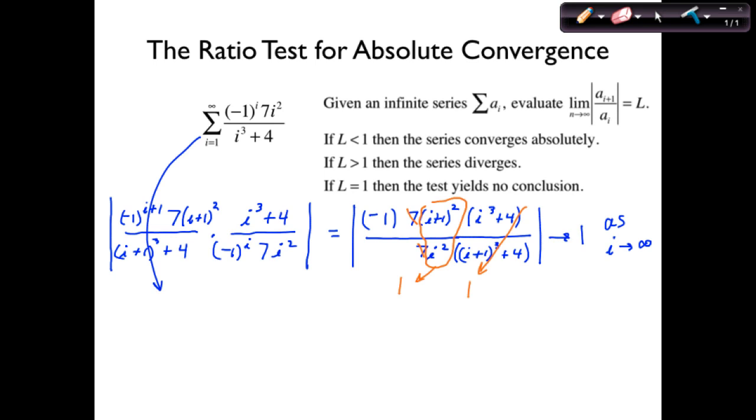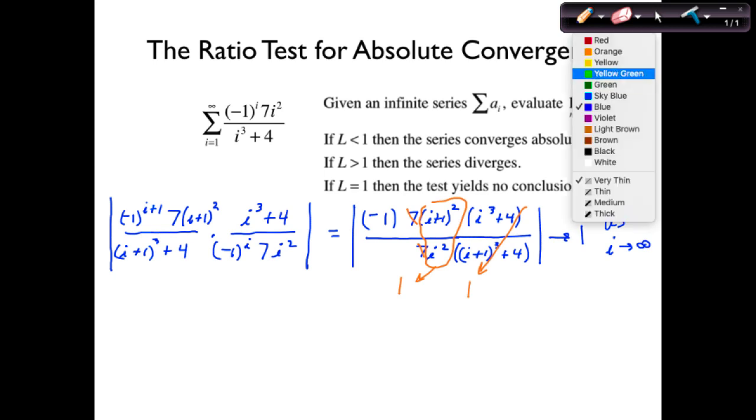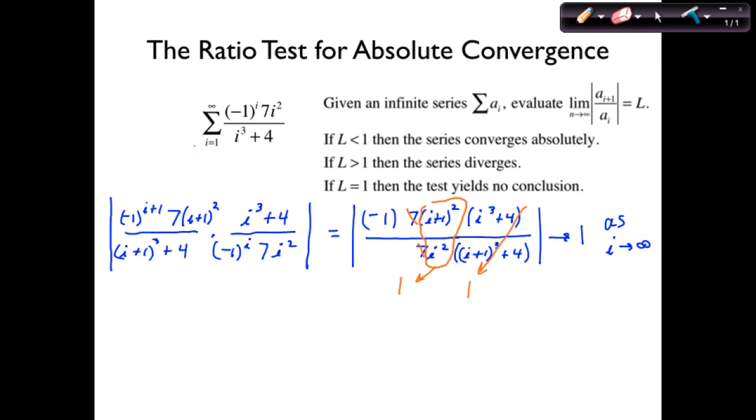So the alternating series test says look at the positive part of the series: 7i^2 over i^3 + 4.